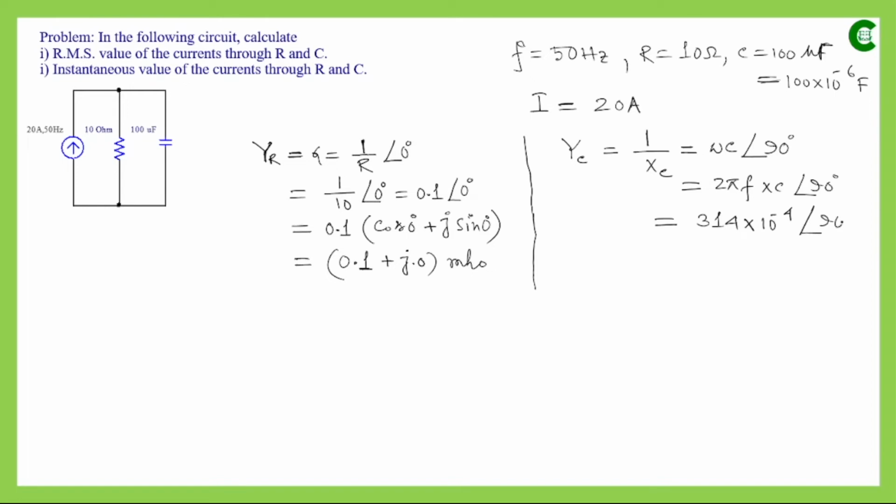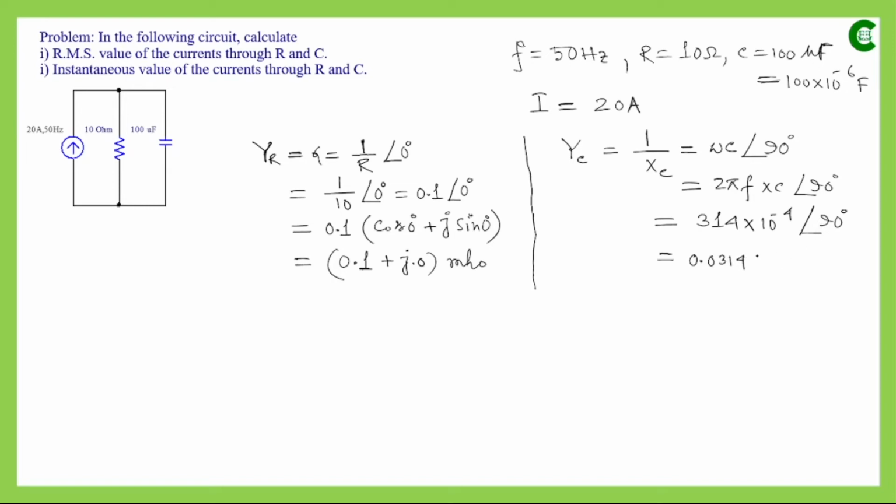And the phase of the admittance, we know, for a purely capacitive circuit is 90 degree, positive in nature, leading in nature. So finally the admittance value will be 0.0314 at 90 degree.